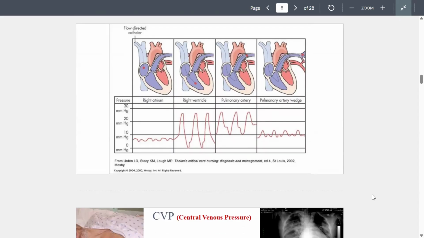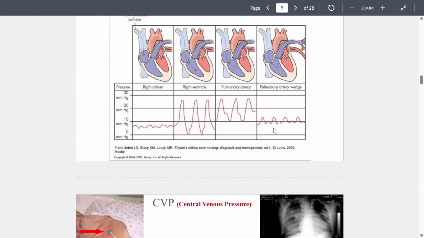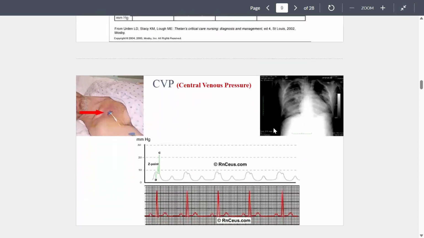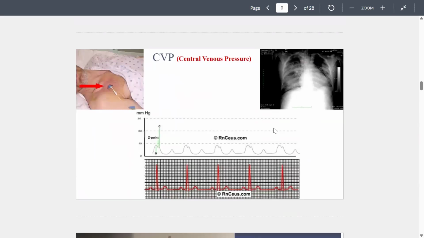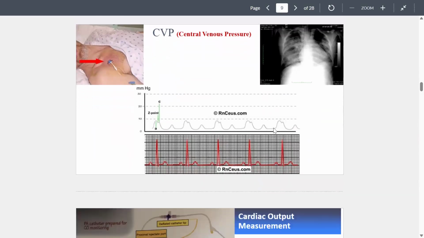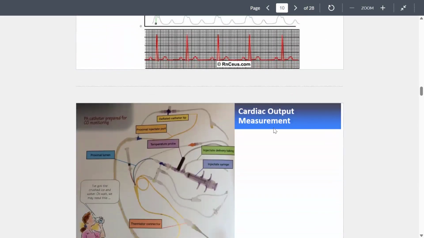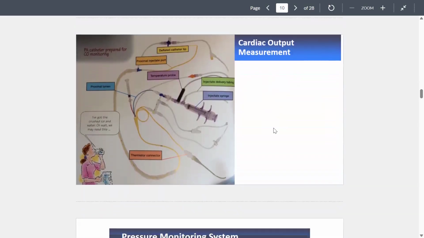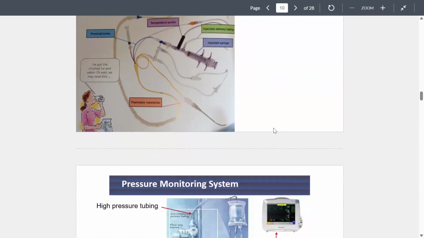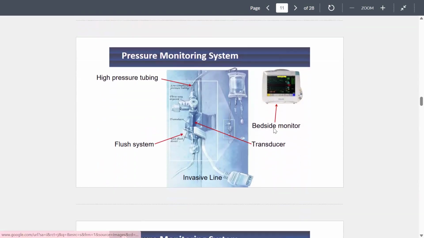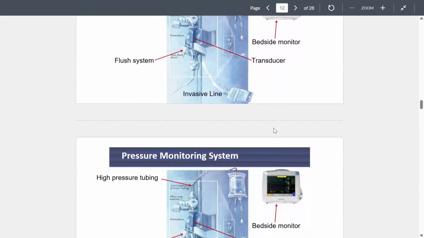It's the last waveform, and we went over the ranges and the factors that may contribute to an increase or decrease in the occlusion pressure. CVP, same thing for fluid replacement, and we went over that in class. And this is the Swan-Ganz catheter, and we went over this as well, right?